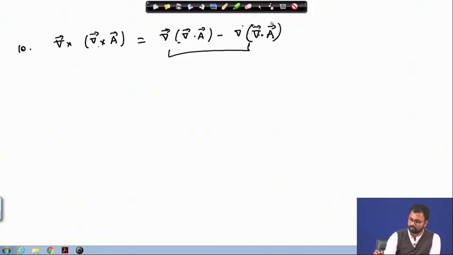So, now I get it. We can write it as the Laplacian of a vector A. This is the required result.